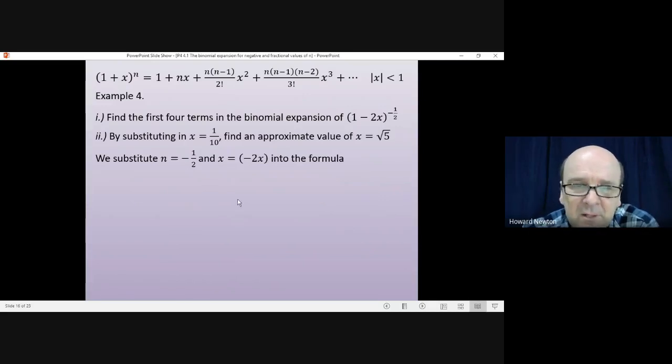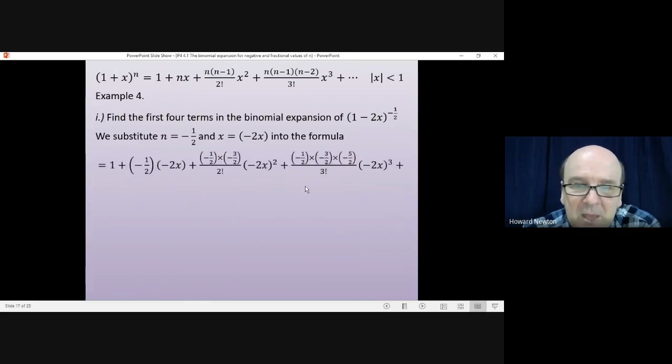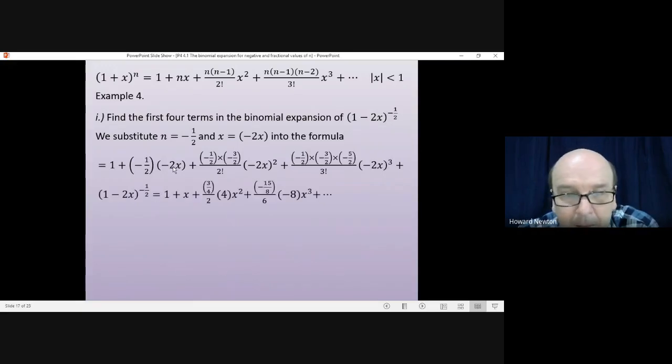Okay, let's have a look. So it begins as normal. N is minus a half in this question, x is minus 2x. All we have to do is substitute those values into the formula. That will give us that. Again, I'll square these brackets first. So minus 2 squared is plus 4, minus 2 cubed is minus 8, and multiplying these brackets together gives me 3/4.